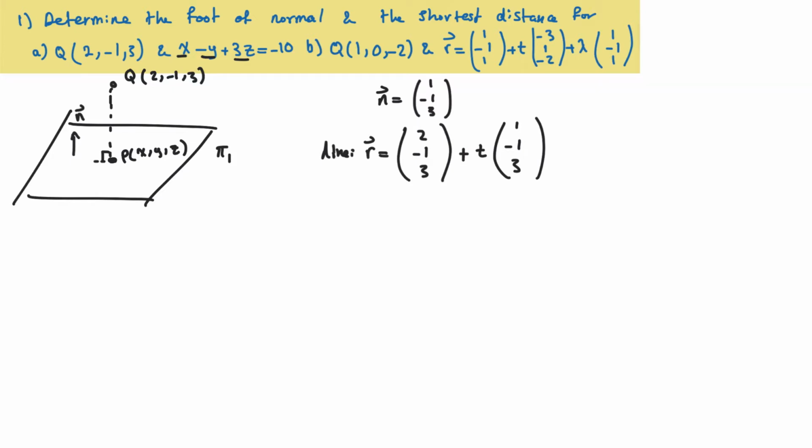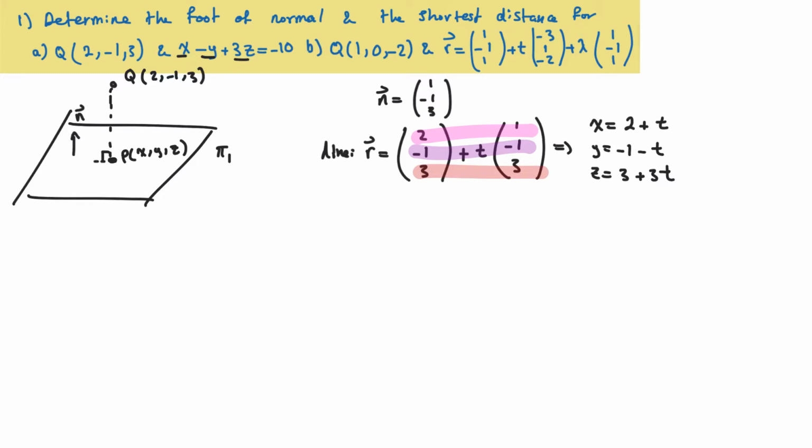Once we have this equation for the line, I'm going to rewrite it in the form of a parametric equation. It's a little bit easier to use, and you don't have to write it if you're more comfortable with the vector equation. I've rewritten this equation using the x component, the y component, and the z component.